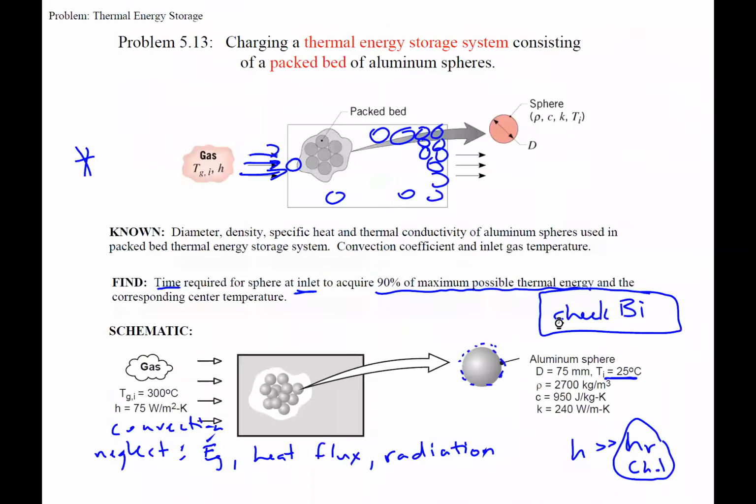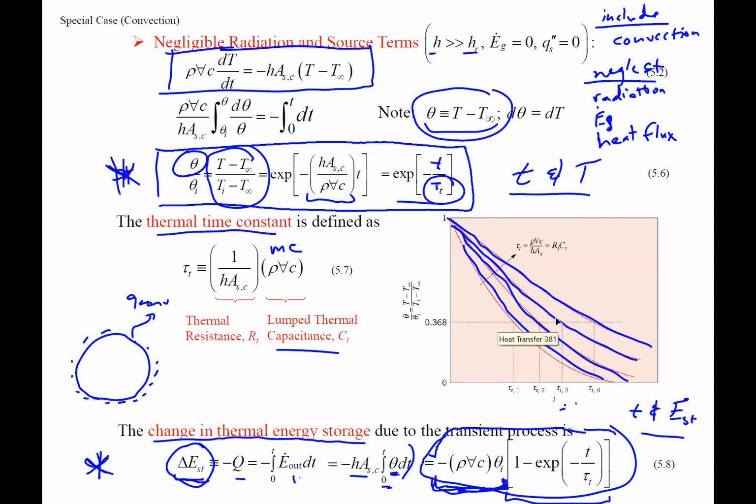If you remember when I was going through this equation, this right here is the term that shows the maximum possible, because if you take time to infinity, that's what you're left with. So if you had an infinite charging of that sphere, that's the energy stored that you would get. So we're looking for 90% of that, right?